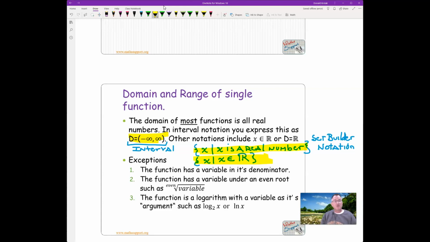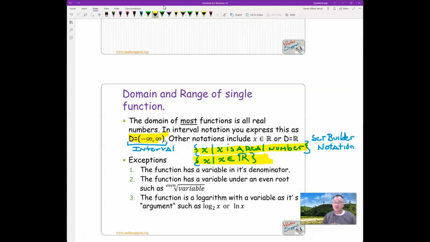All right, the only time you've got to worry about the domain being something other than all real numbers, you just have to look at the equation and look for a couple of things that will tell you the domain might be affected. The first thing is, does the function have a variable in its denominator?